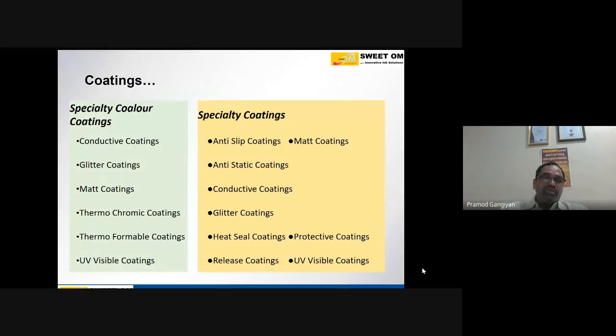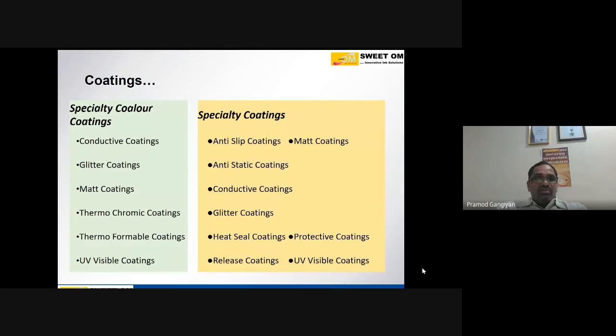Today, PCBs have very fine prints, so you cannot put metal strips there. So it is basically printed. We call it printed electronics, and there is a big role of conductive coatings over there. We make these PCBs just by printing. Wherever we print these coatings, they work as a conductor. So we call them conductive coatings.